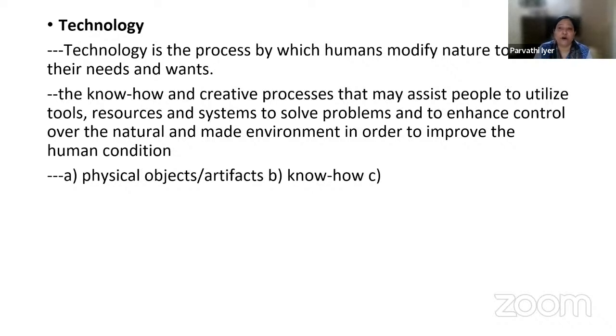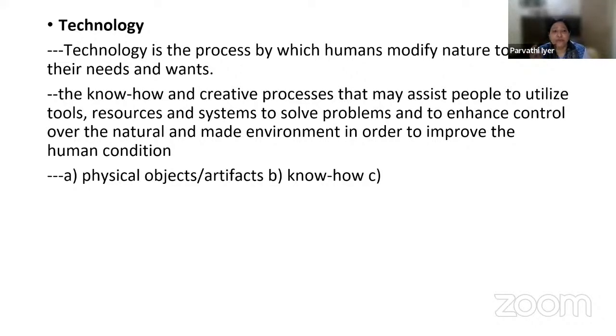Another term which we commonly use is technology. Technology is basically the process by which we try to manipulate nature. In that sense, technology is more instrumental in nature, because there is a kind of manipulation or modification of nature involved, and we do this because human beings have several kinds of needs and wants, and through technology, we try to satisfy these needs and wants.